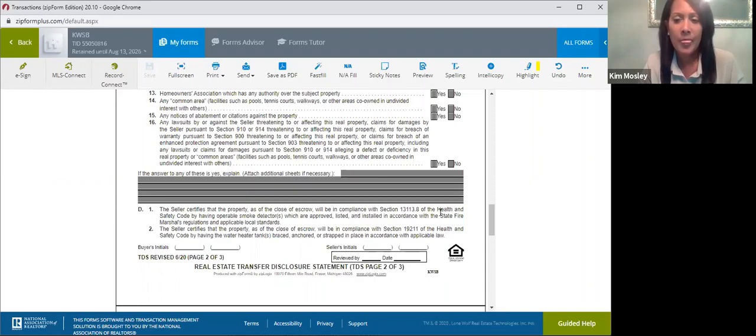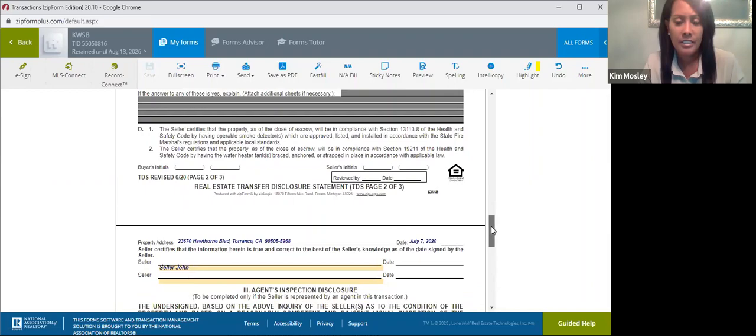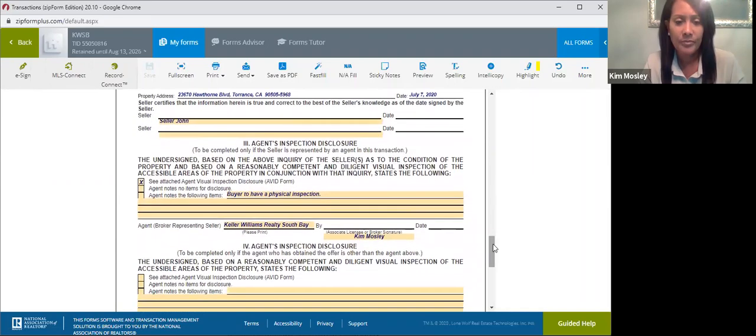Okay. Now on page 3, this is where you come in. Seller signs up here at the top, and then we have agent's inspection disclosure. And you notice here, this one says agent or broker representing the seller.